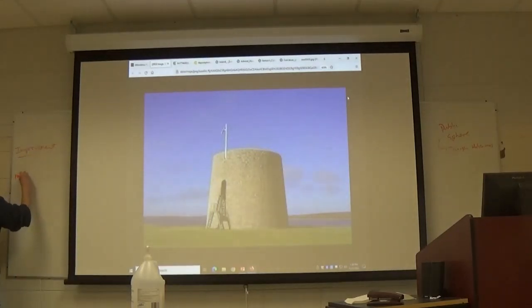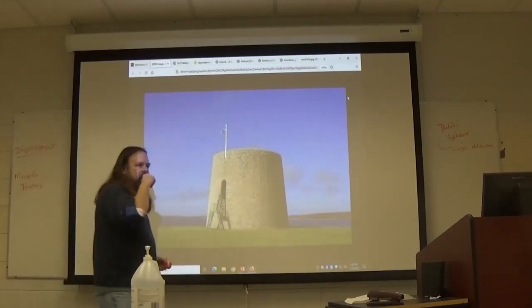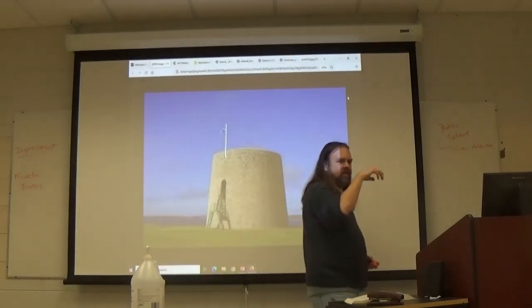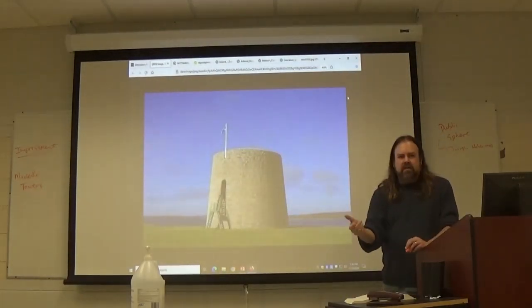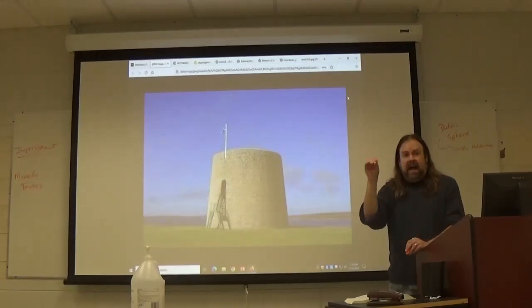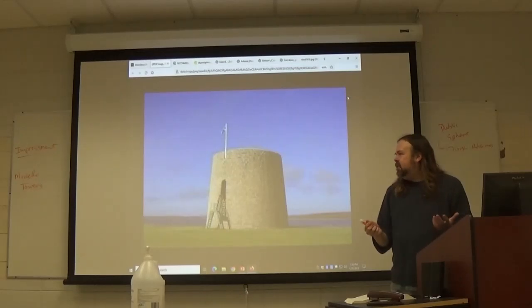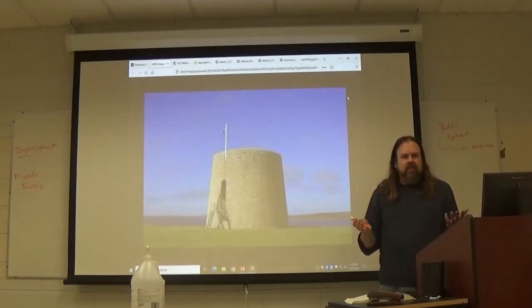And around 1800, these start going up, these round, squat brick towers on the coastline, throughout British dominions, right? So you can see there are still some. They're in England, they're in Wales, they're especially in the Channel Islands, right between England and France. You see them in Scotland. There's some in the Caribbean as well.